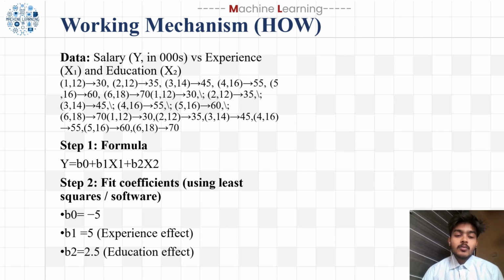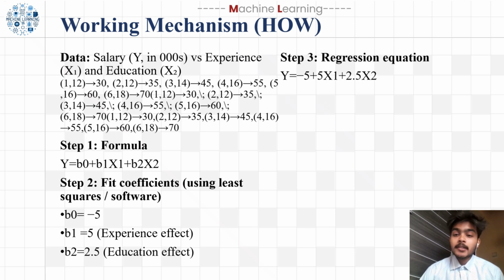We have calculated the coefficients: b naught is minus 5, b1 is 5, b2 is 2.5. And step 3 is finding the regression equation. So the regression equation is y is equal to minus 5 plus 5x1 plus 2.5x2.